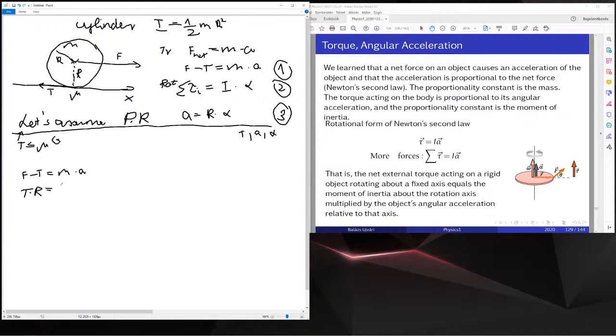So the net torque equals the moment of inertia, which is 1 over 2 m r squared, times alpha. And once again, if we assume pure rotation, we can use this equation.